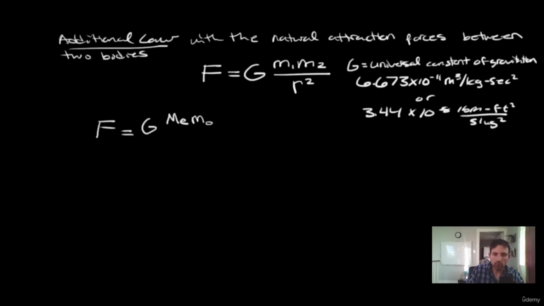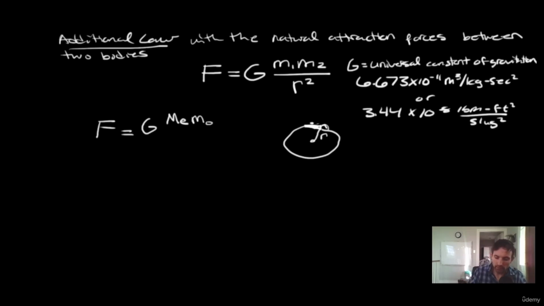So we've got this huge Earth. It's definitely not shaped like that, but on the surface of the Earth, you have this person, and you have this distance from the center of the Earth to the surface of the Earth. That's what we're calling r. We're trying to find out what is the pull from the Earth to that person, or basically what is the weight?